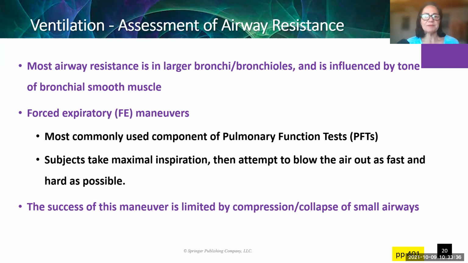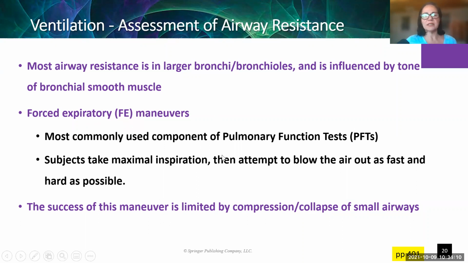Continuing with ventilation, how we're going to assess airway resistance. Most of the airway resistance is in those airways that have the smooth muscle that can constrict down, so in the larger bronchi and the bronchioles, and it's influenced by the tone of the bronchial smooth muscle, how much bronchoconstriction is there. And so the test is a forced expiratory maneuver, where the patient's being asked to push out air.